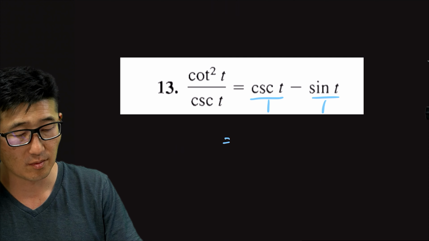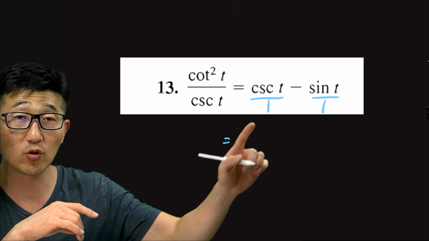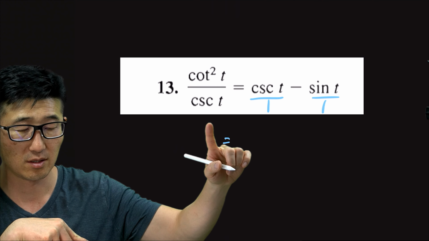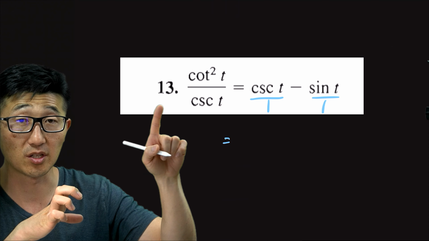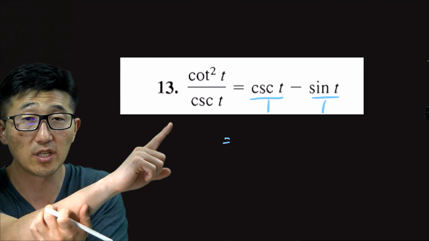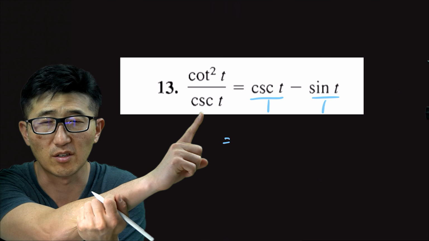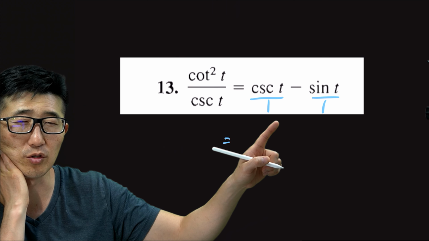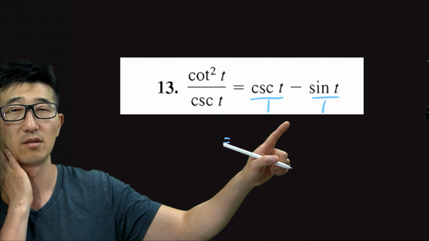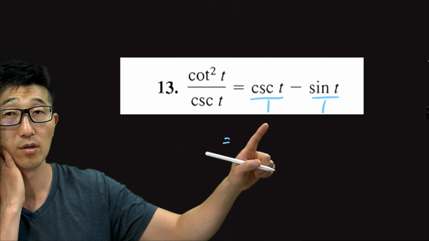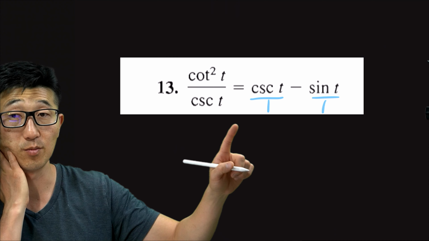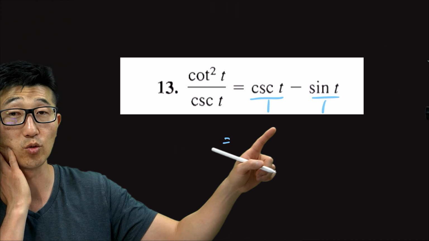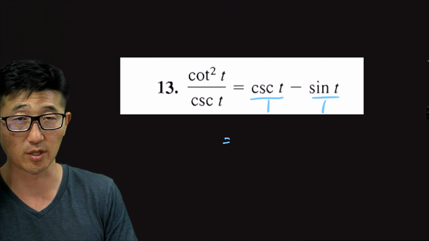So now, if you want to go from the right to the left, keep your eye on the goal. You need a denominator of a cosecant, right? But here, do we have a denominator of a cosecant? No, you'd have to multiply by cosecant, right? Yes, but watch. Can you convert one of them so that you end up with the cosecant on the denominator?